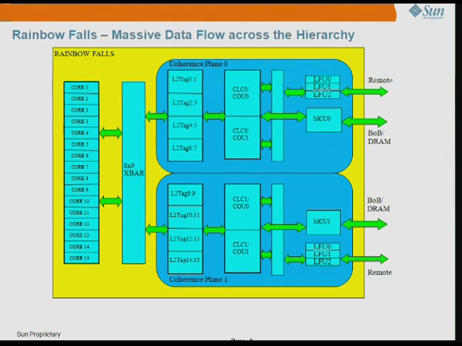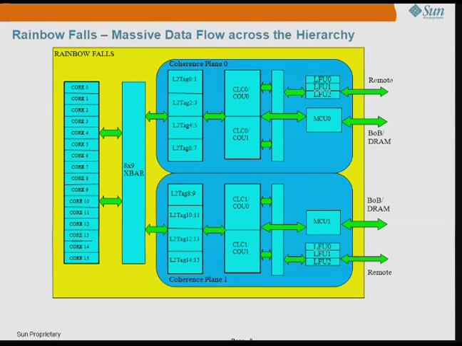So this is where I take out my laser pointer. This is a picture which I titled as massive data flow across the hierarchy, which is somewhat of an understatement. So I've simplified this logic diagram. What it shows is the 16 cores, which we've doubled, interfacing to 16 L2 tags.